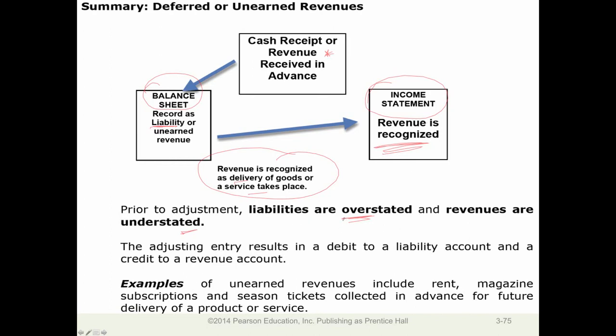Now again, looking at this overstatement and understatement idea, if we go back to the accounting equation, if prior to the adjustment a liability is overstated, in order for the balance sheet to balance, revenue is understated.